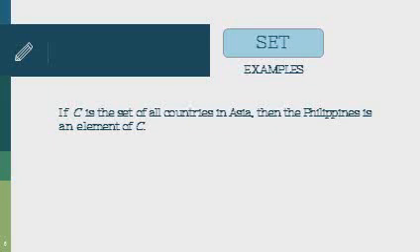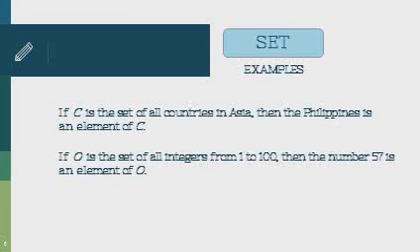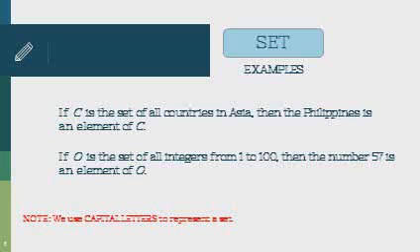Now let's have example. If C is the set of all countries in Asia, then the Philippines is an element of C. Another one, if O is the set of all integers from 1 to 100, then the number 57 is an element of O. Note, we use capital letters to represent a set.